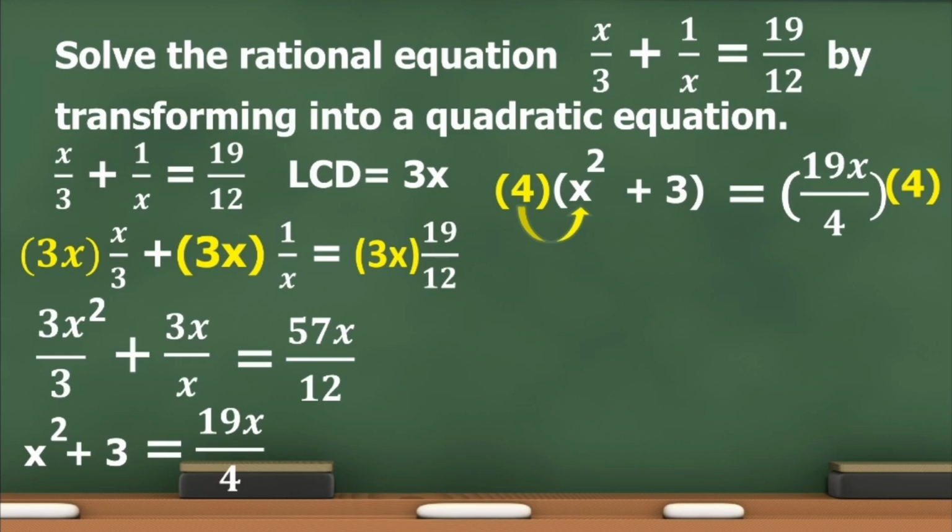At para makuha natin ang product ng 4 and the quantity of x squared plus 3, gagamitan natin ng distributive property. So, 4 times x squared is equal to 4x squared. Next, 4 times 3 is equal to 12.